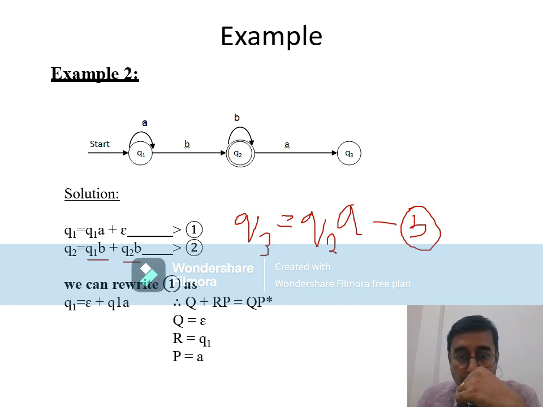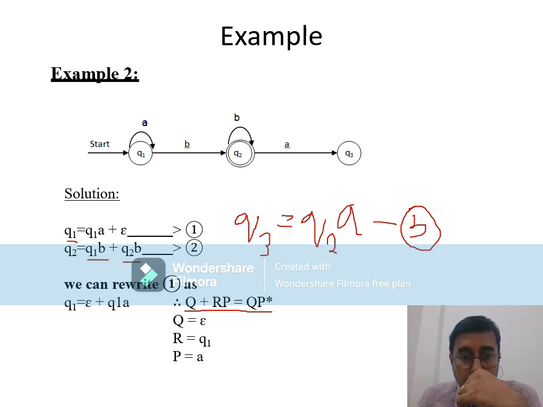So after finding these three equations, if I take my q1, already this q1 is in the form of q plus r p, q p star. So q1 equal to q1 a plus epsilon. So this q1 is going to be my r, equal to epsilon plus q1 a.